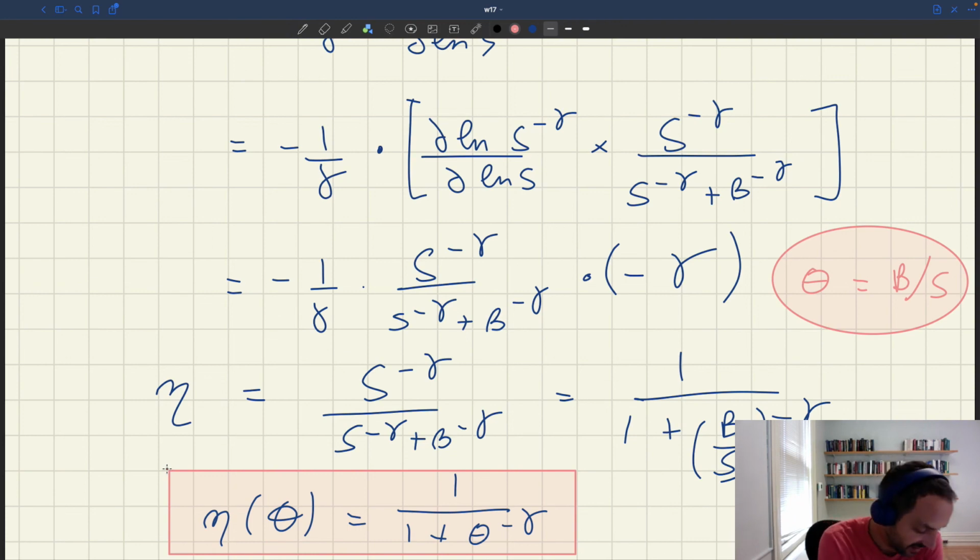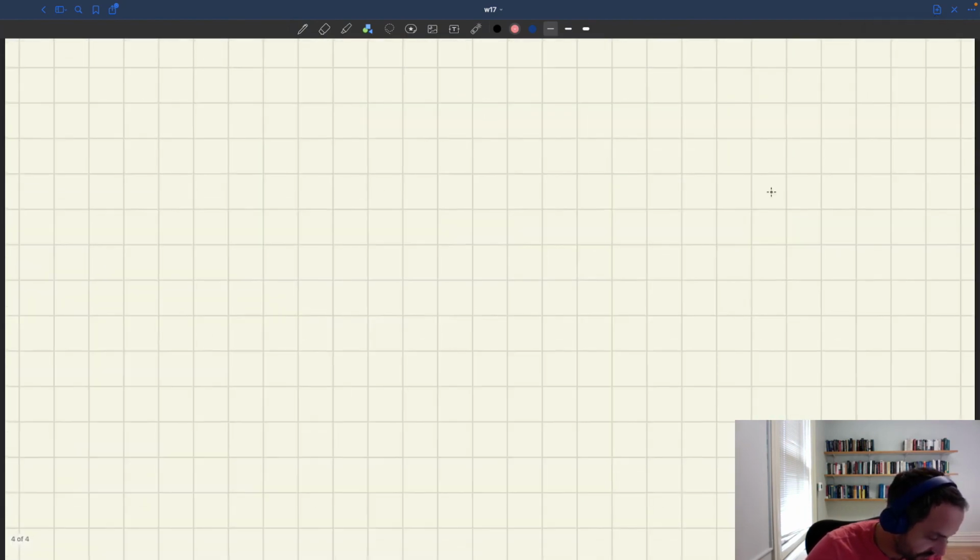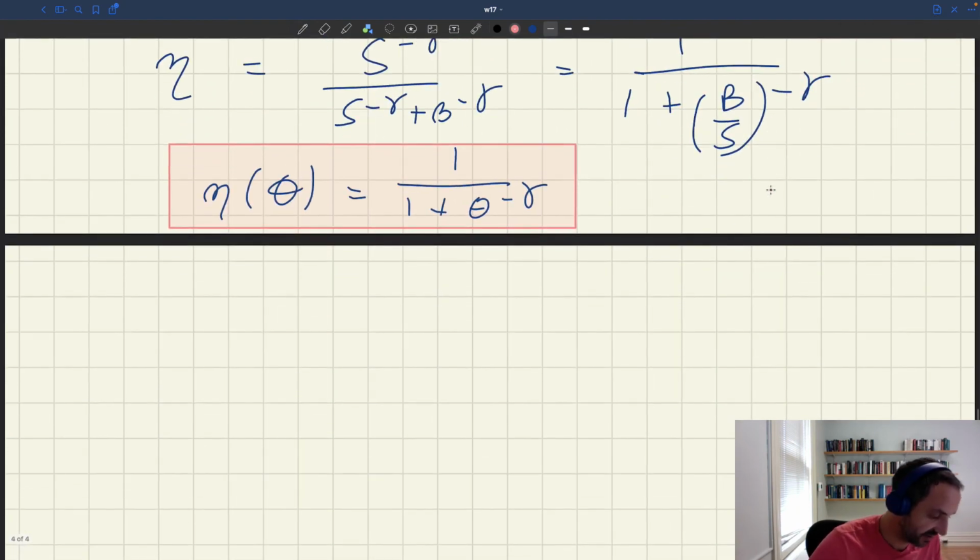And then when theta is infinite, theta to the minus gamma is going to be equal to 0, and then the matching elasticity is just going to be 1. So these are useful properties and things that may be handy when you work with a CES matching function.